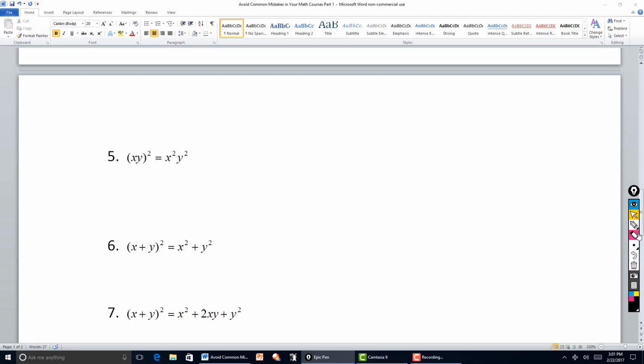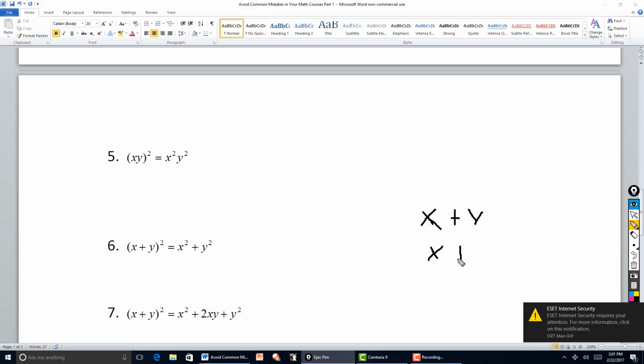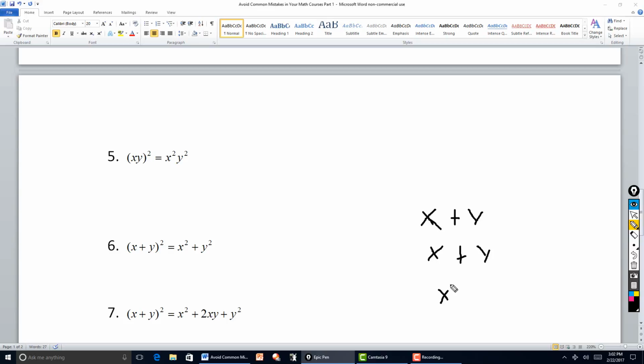If you do the multiplication, x plus y quantity squared, you have x times x is x squared, y times y is y squared, and then you multiply xy and multiply this way, you get 2xy. So that's just your regular formula for squaring a binomial.